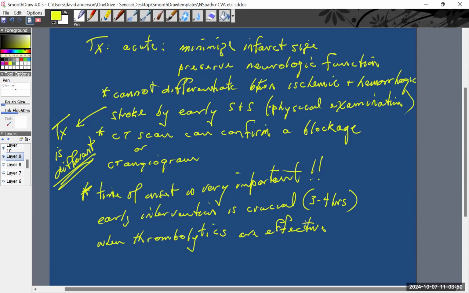So there's also a surgical intervention where surgeons can go in and actually try to remove the blockage. And that's a situation where, if an institution is equipped and has the talent, in other words, has the surgeons who can do this kind of thing, then it can be an effective treatment within 24 hours or so.